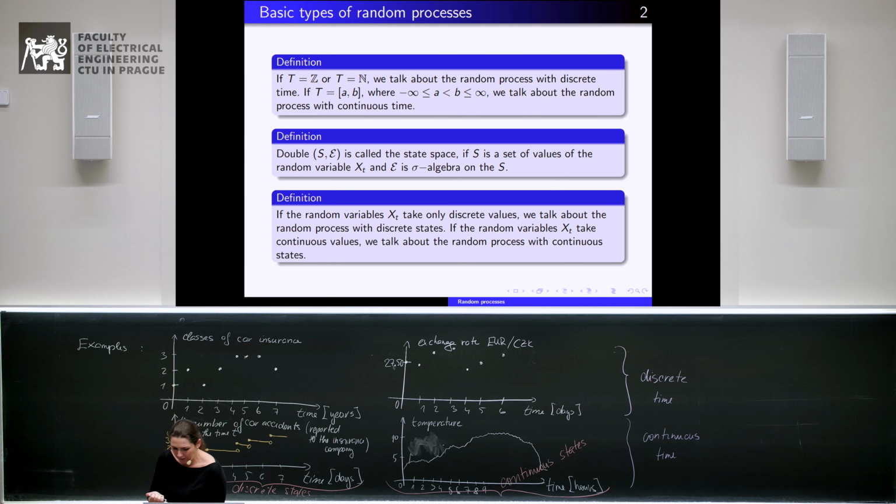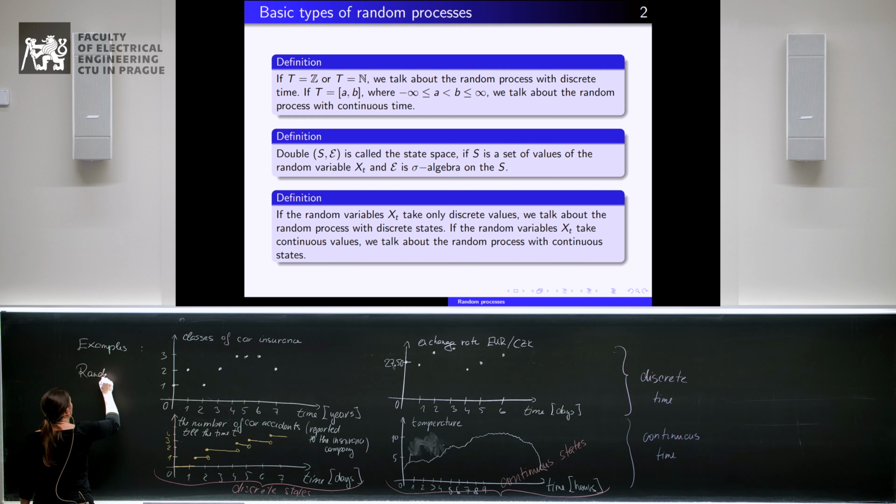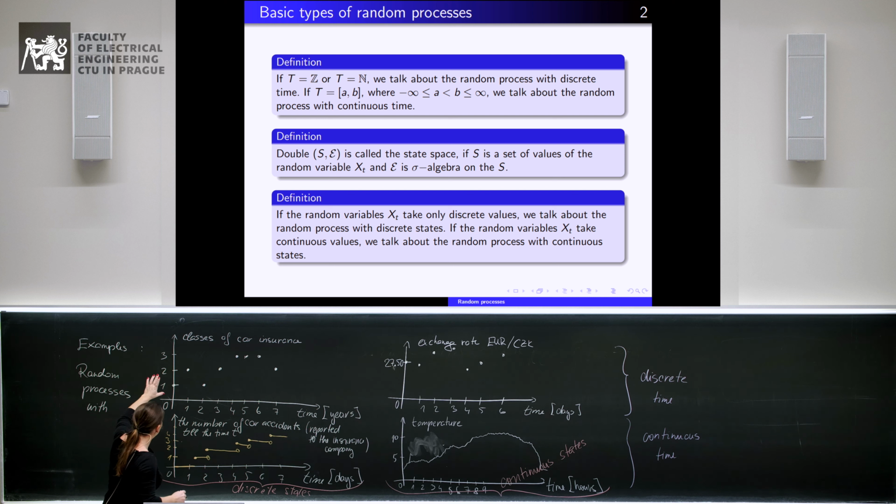So in fact, we consider 4 types of random processes. The random processes with discrete states and continuous states respectively, and the random processes with discrete time and continuous time respectively.